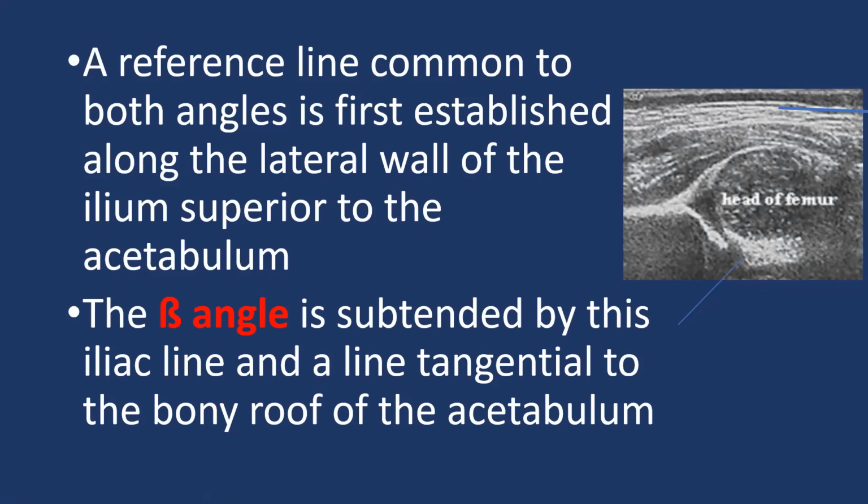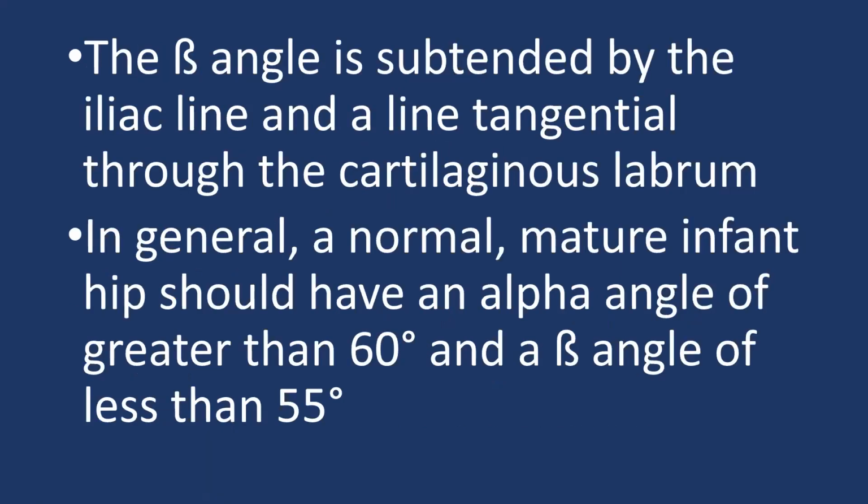The beta angle is subtended by the iliac line and the line tangential through the cartilaginous labrum. In general, a normal mature infant hip should have an alpha angle of 60 degrees and a beta angle of 55.